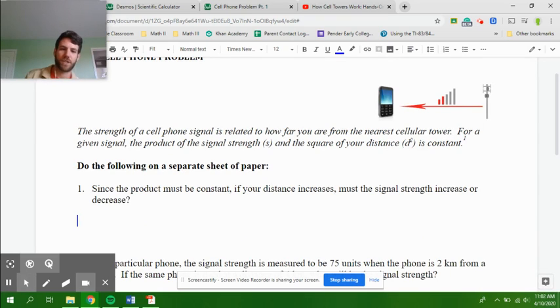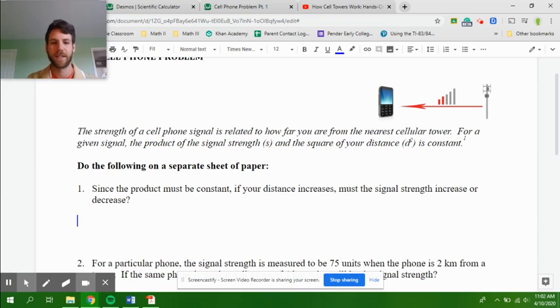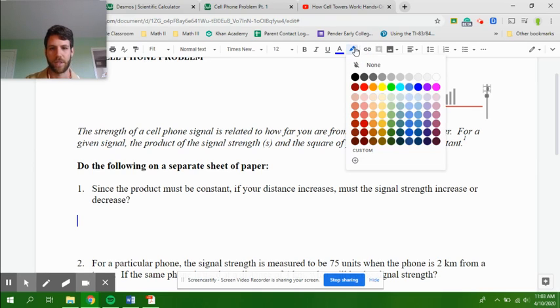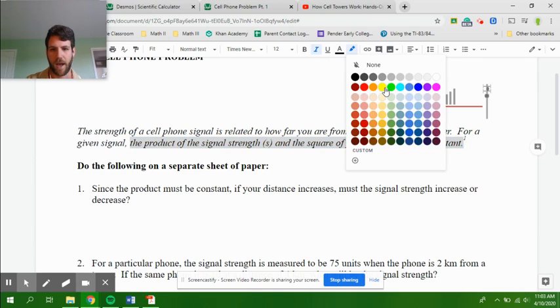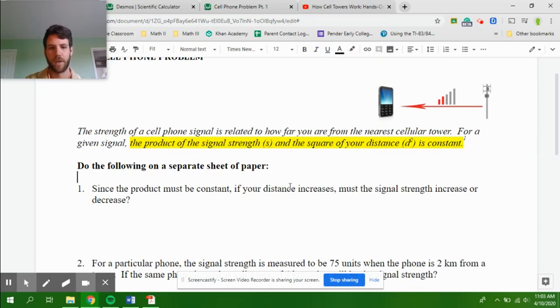In our first question, since the product must be constant, it's very important, so we want to highlight that in yellow: the product of the signal strength and the square of your distance d squared is constant.